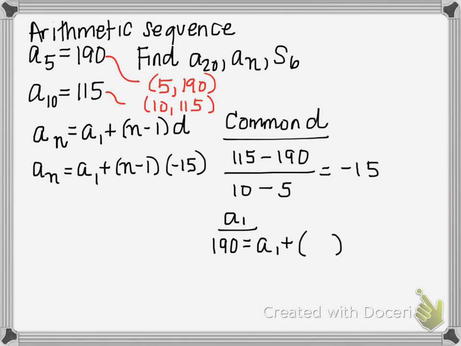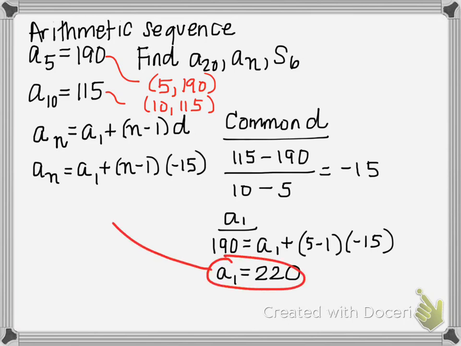Well, 190 has an n of 5, so I'll go 5 minus 1 times negative 15, and we'll solve that for a sub 1. Okay, we got 220, and now we can plug that in. See this a sub 1, we can plug that in right there, and our formula will be complete.